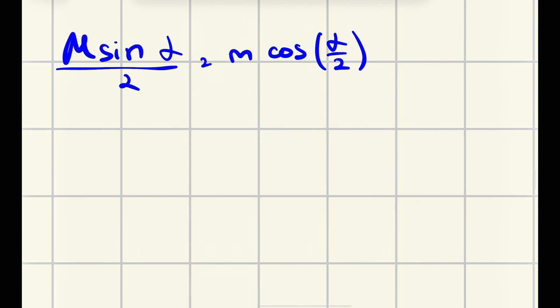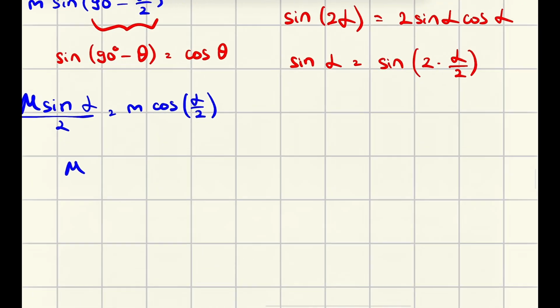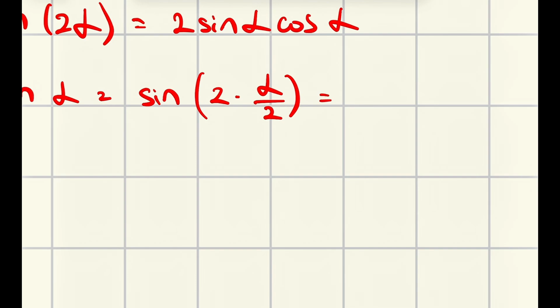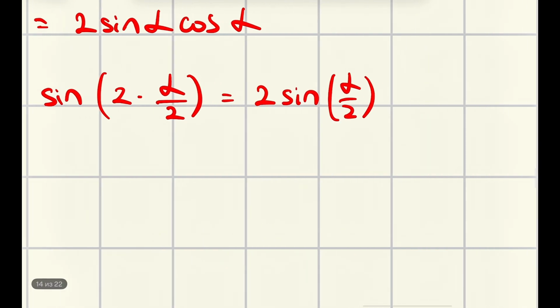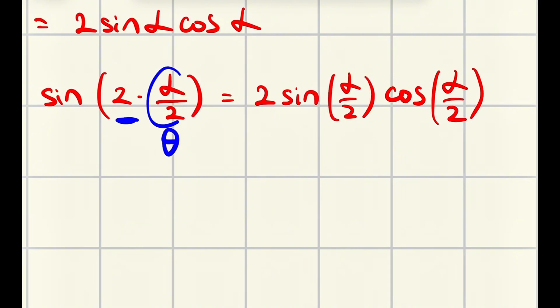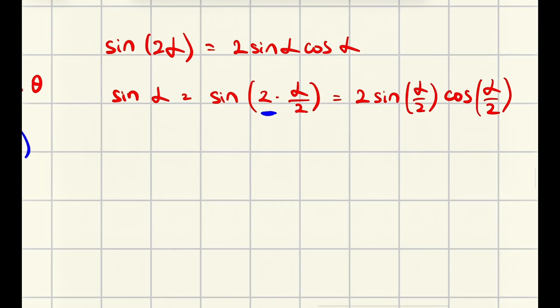Good. Then, what should we do? M sine alpha is now turned into this, but if we open that up, it must be double sine alpha divided by 2, and also cosine alpha divided by 2, because it is double theta, as you can see. This plays the role of theta, right? This is theta, this is theta. Okay, good.